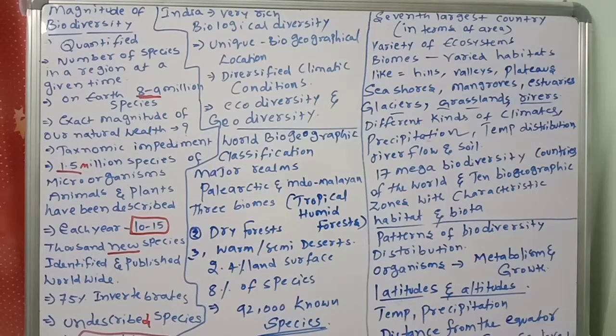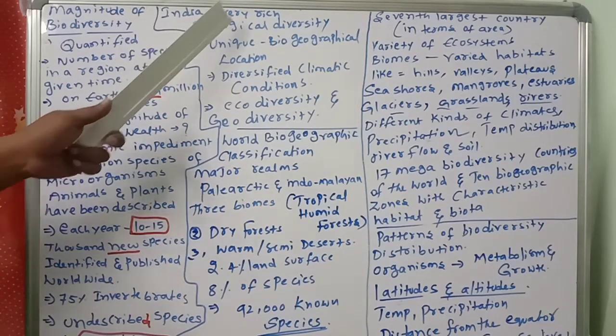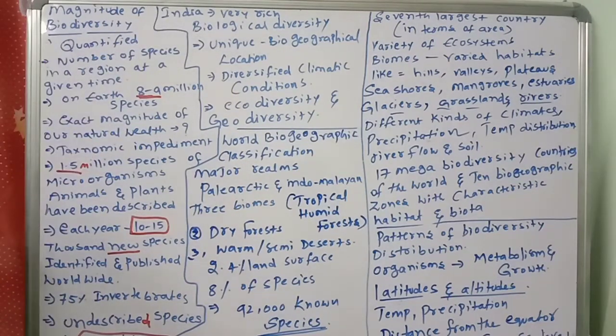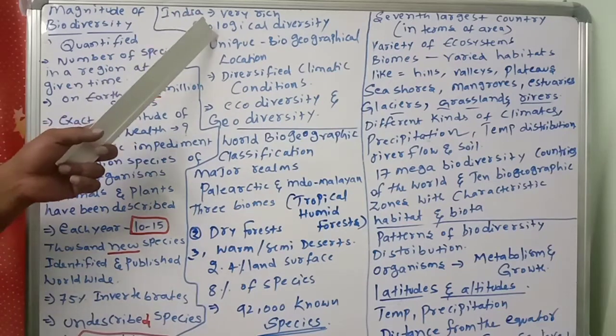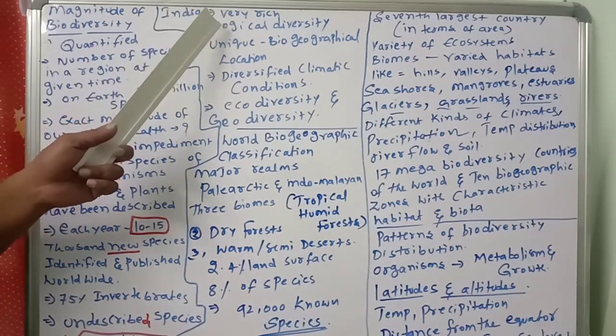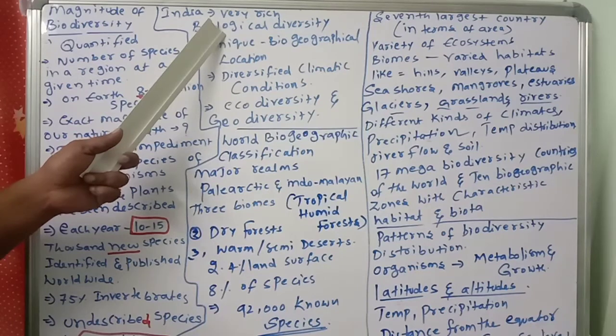What about India? Come to India. We are going to discuss information about India. India is very rich in terms of biological diversity. Why is it so rich in biological diversity?